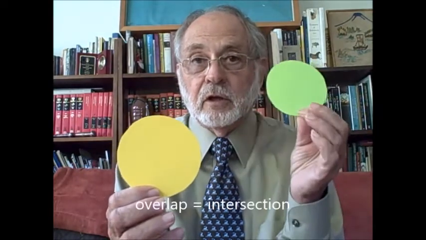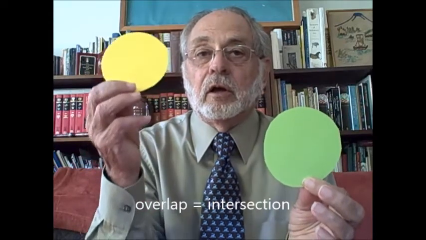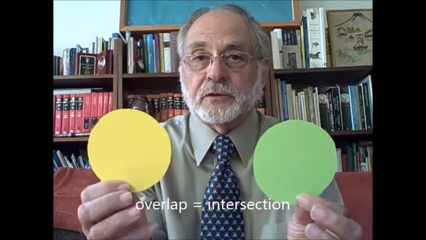Like, let's say that green is for gender and yellow is for race, and every society has different ways of treating these different overlapping situations. The first one that you'll encounter is how African American women are treated relative to class.